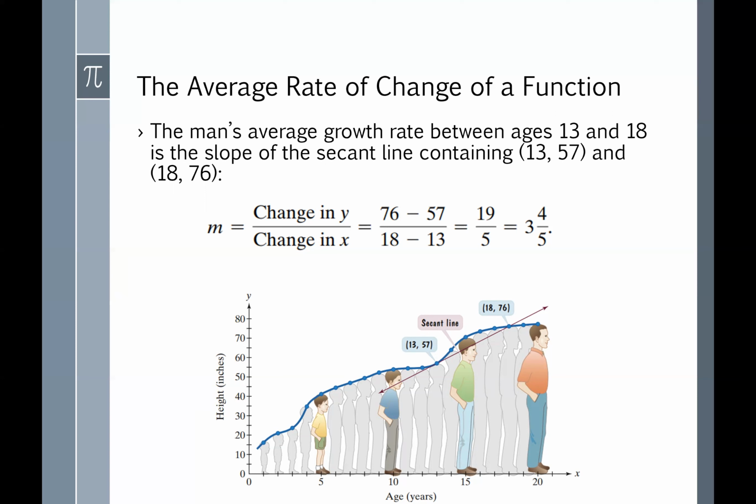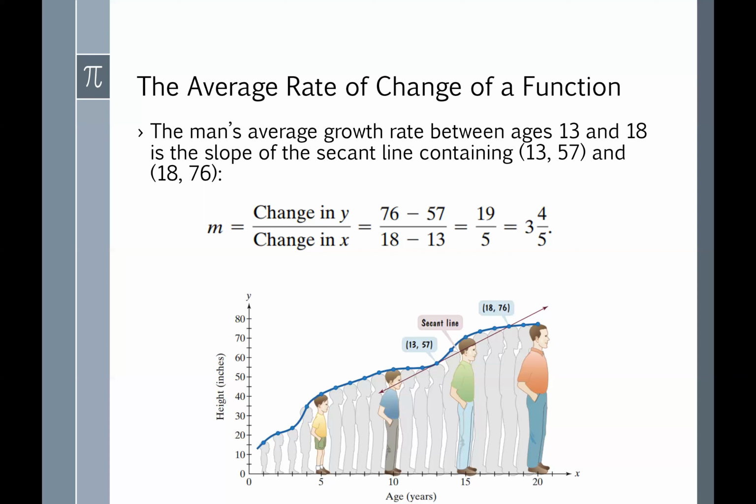He did not grow exactly that much from age 13 to 14. Well, maybe he did, I don't know. He most likely didn't grow 3 4/5 inches from age 13 to 14. And as a matter of fact, we do know, just looking at this, that from age 17 to 18, he did not grow 3 4/5 inches exactly.